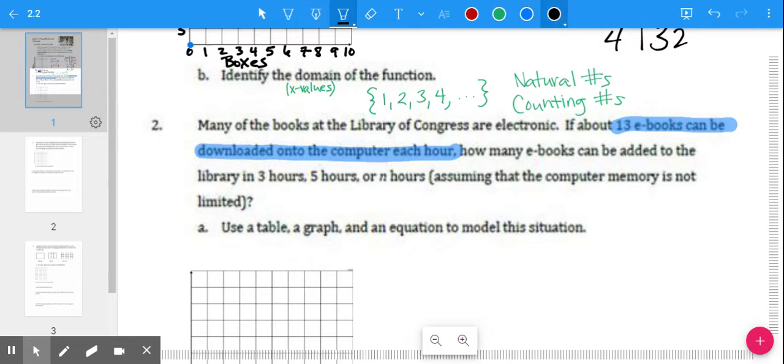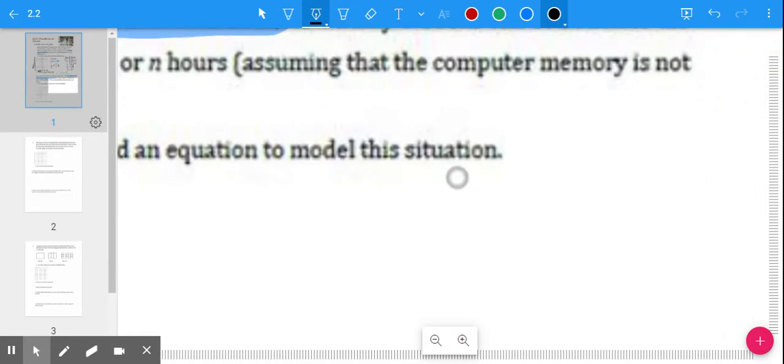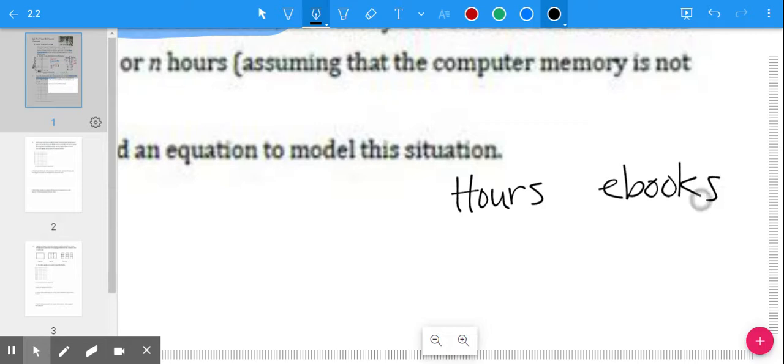So because most of you have downloaded an app before in your life, you know that when you're downloading, it's constantly downloading. From the time it starts downloading to the time it stops downloading, you could check it at any point in time and see how much of that percentage has downloaded. So we have hours and ebooks.